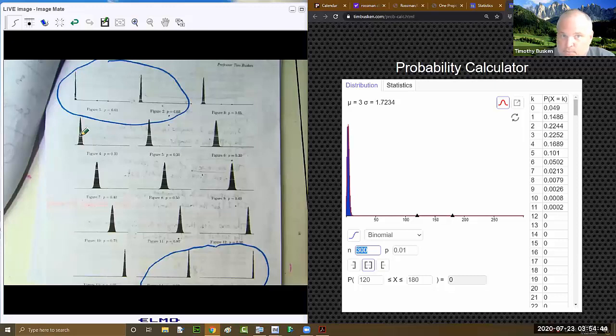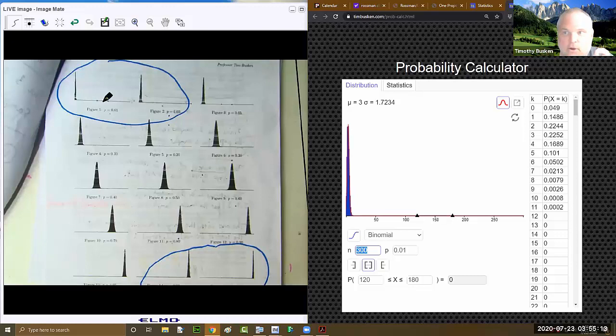So if you fix the sample size and inspect the series of graphs, whenever the value of p is close to 0%, the sampling distribution's standard deviation is tiny.